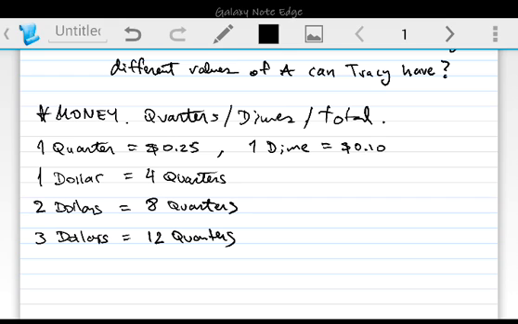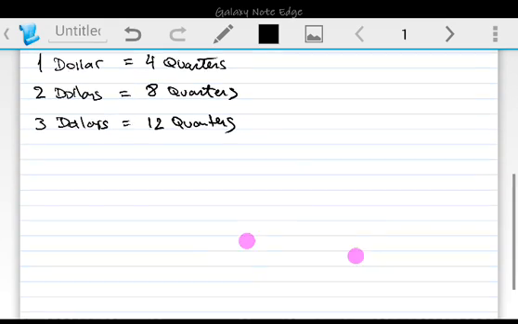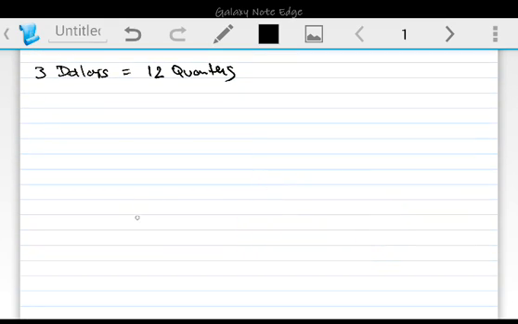compute $3.45. So let's do this. Let's look at the number of quarters, the number of dimes, and let's look at the total.